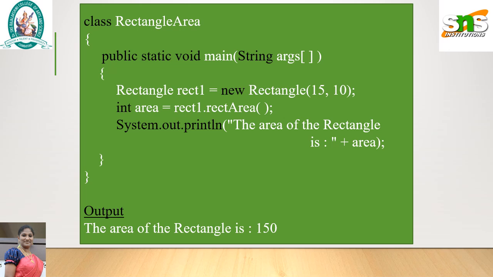After assigning the values 15 and 10 to the variables length and width, it comes back to the next statement, and in this statement I called rectArea. It finds the area of the rectangle using the formula length times width. So 15 into 10 is 150. That value is assigned to the variable area. In the output statement, 150 is displayed as the area of the rectangle. See the output: the area of the rectangle is 150.